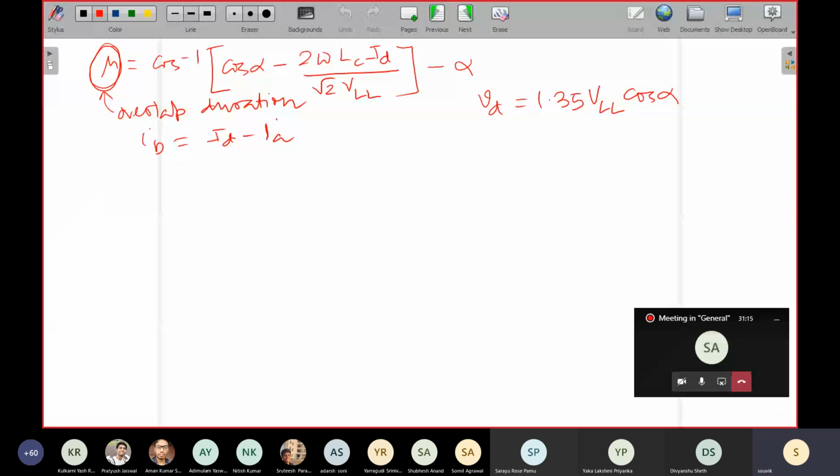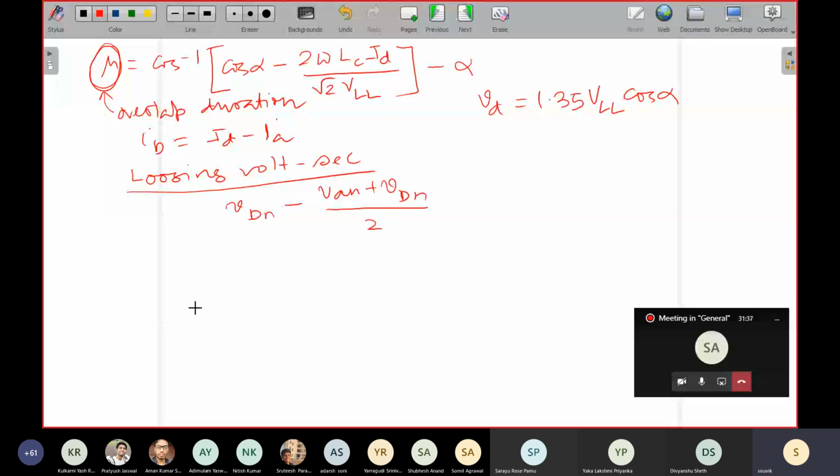We are losing volt second. How much voltage are you losing? It would have been VBN, minus VAN plus VBN by 2, into voltage into second.